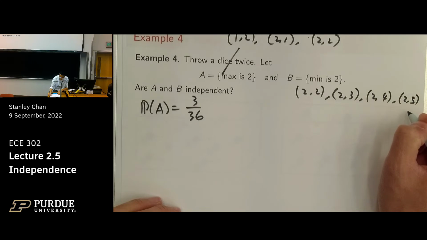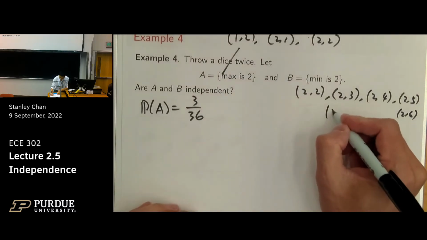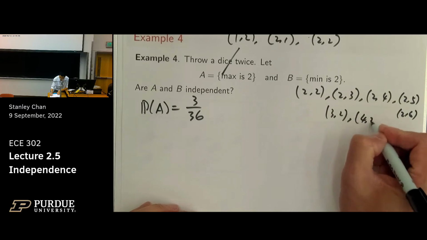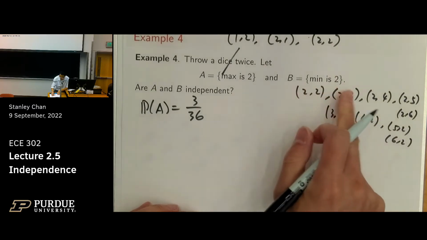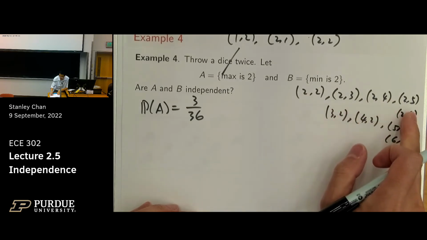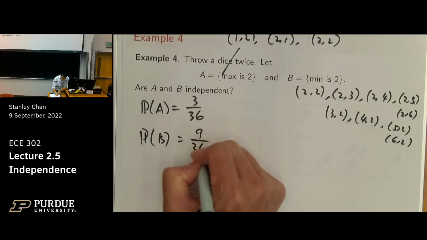And 2,6 will work. Okay. What else? Mirror, flip it over. Okay. So you have 3,2; 4,2; 5,2; and 6,2. So 1, 2, 3, 4, 5, 6, 7, 8, 9. So probability of B, you have 9 over 36.